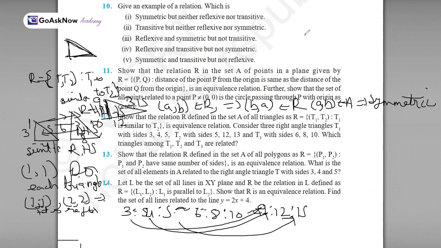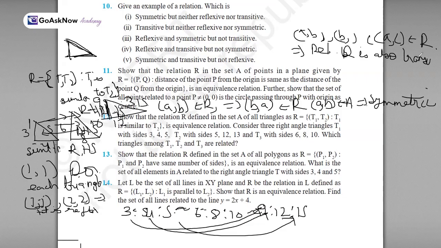So for each (A, B) and (B, C), it is obvious that (A, C) also belongs to capital R. So this implies that relation R is also transitive for each A, B, C belonging to capital A. Yes, so it is shown that the relation R is reflexive, symmetric, as well as transitive.